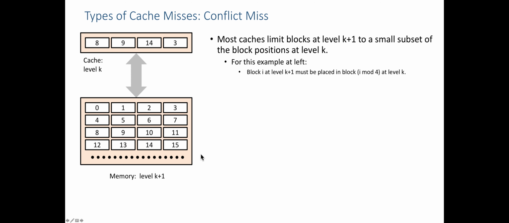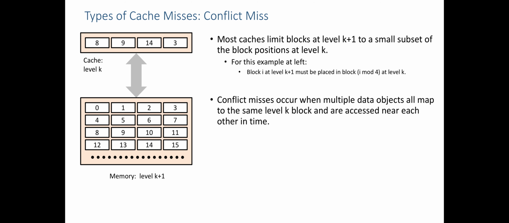We're calling that level k plus 1. Cache is at level k. And we happen to have a total amount of cache for 4 blocks only. So we've taken main memory and done its block number modulo 4 in order to say where in cache it's going to go. This is 0, 1, 2, and 3 in terms of cache blocks. So that's the particular mapping that's going on there.